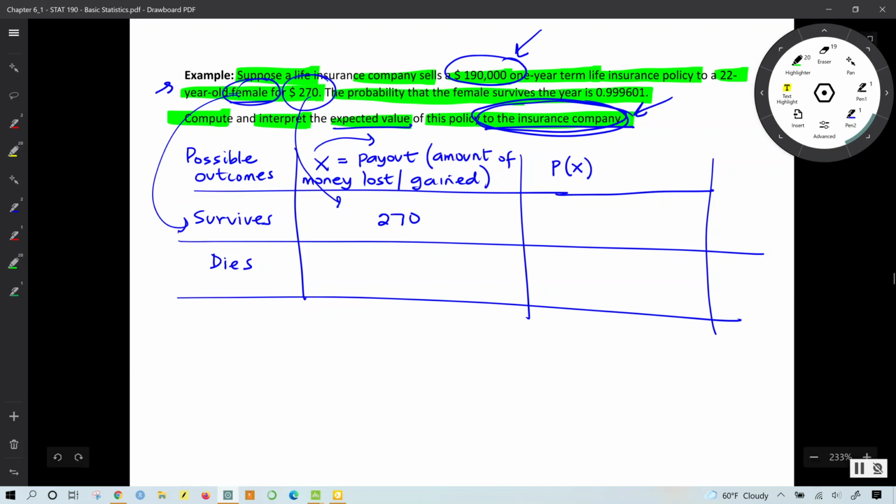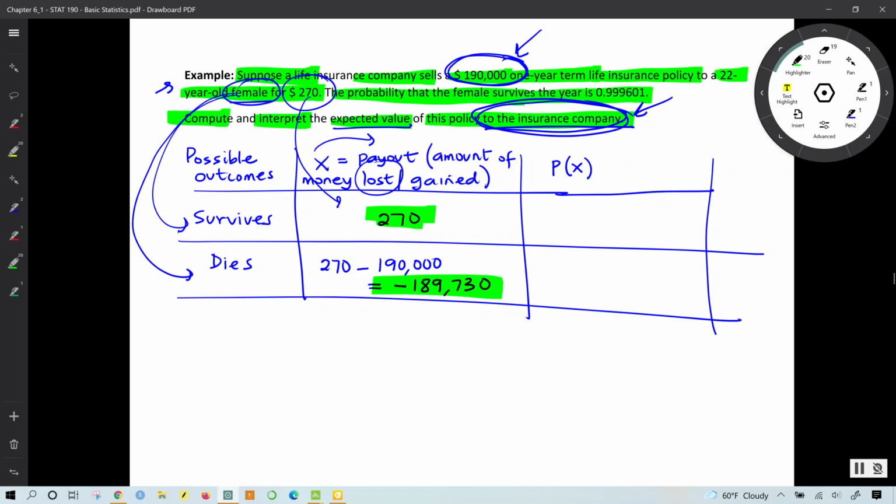However, if the same female dies, $270 has been paid in, but they will have to pay out $190,000. So the amount they will be losing is 270 minus 190,000, which is equal to negative 189,730.